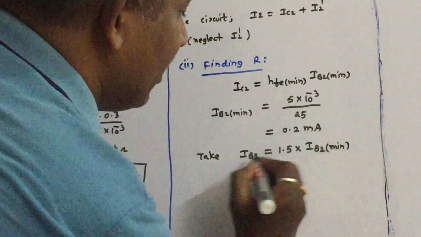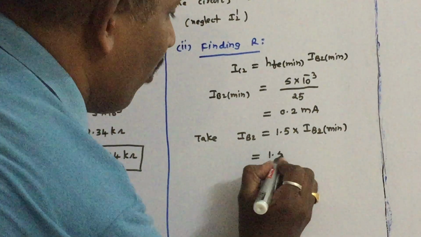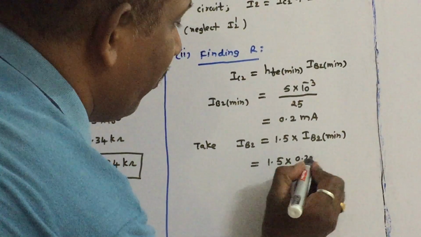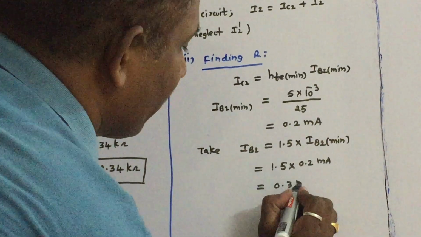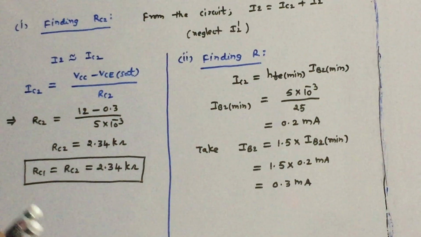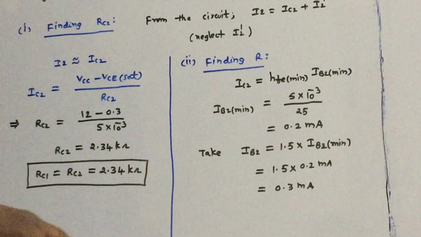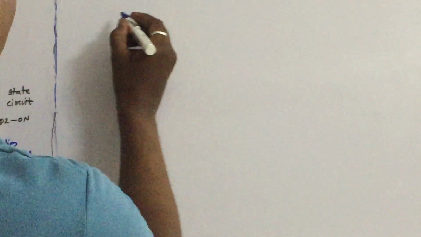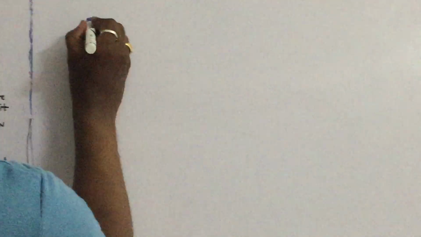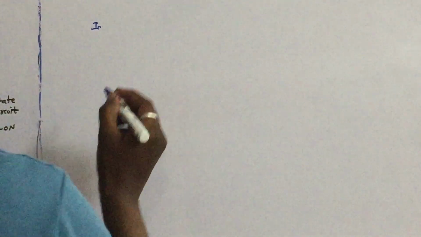Sometimes it is directly given in the problem. 1.5 times IB2, which is 0.2 milliamperes, will come out as 0.3 milliamperes. So this is IB2. Once you find IB2, use the straightforward formula. What is the formula?